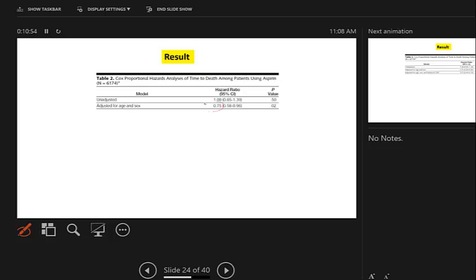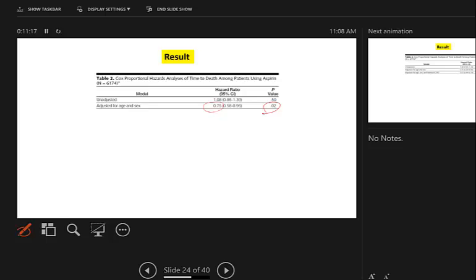The hazard ratio actually moved toward showing the effect of aspirin. So 0.75 means 25% decrease in the instantaneous chance of dying. I would just say risk. 25% risk of dying is decreased by aspirin, which is statistically significant. So now we have good evidence, right?